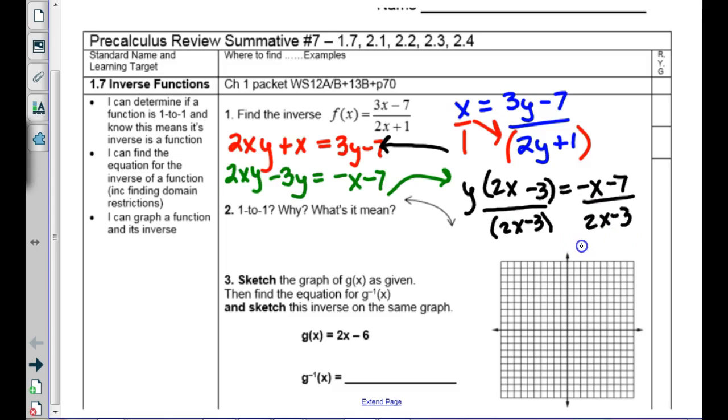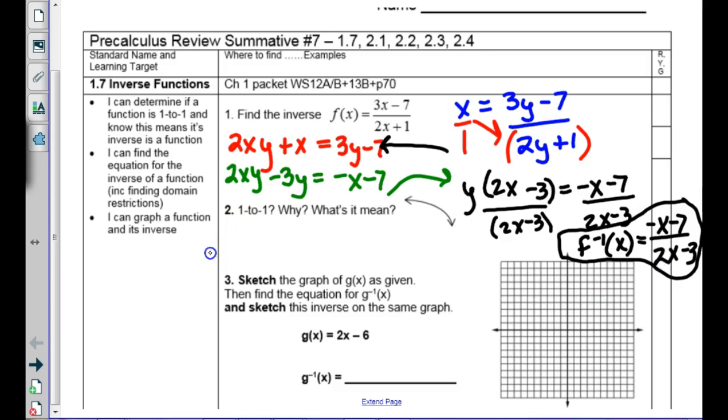So my inverse function, which you do not have to write with this notation if you don't want to, is this, negative x minus 7 over 2x minus 3. There are other ways to write that are equivalent.